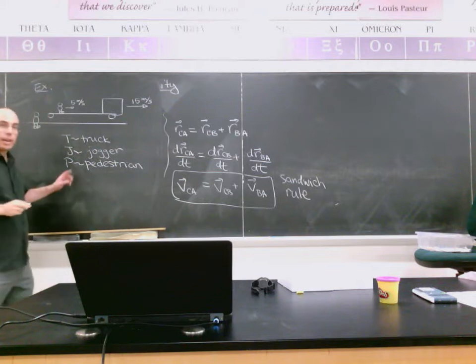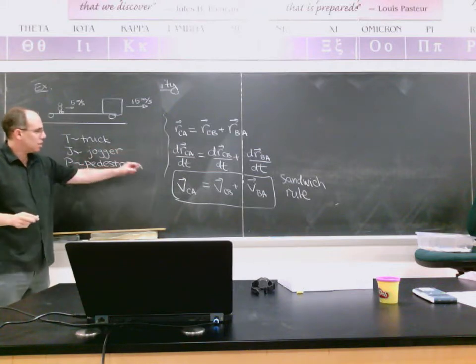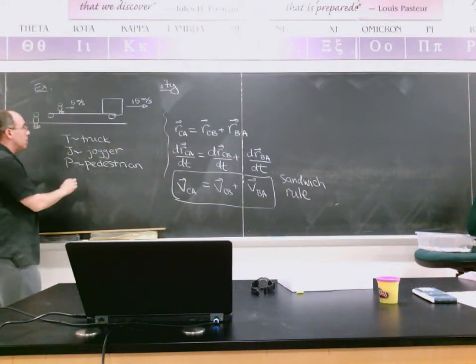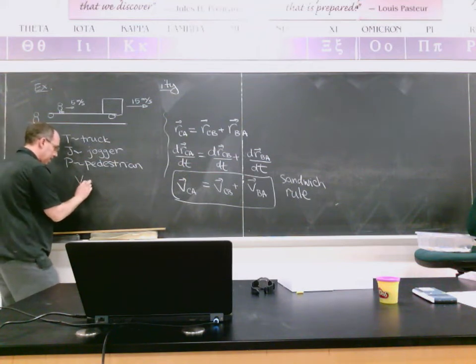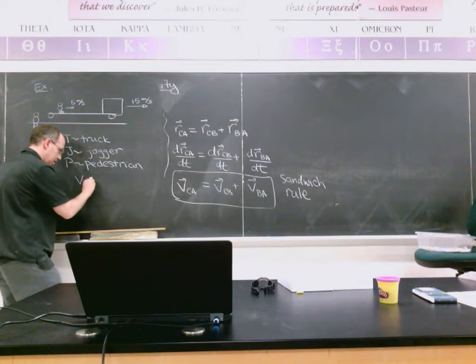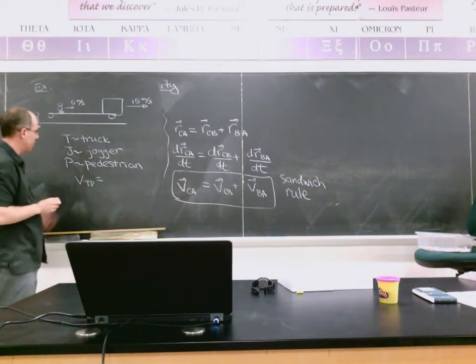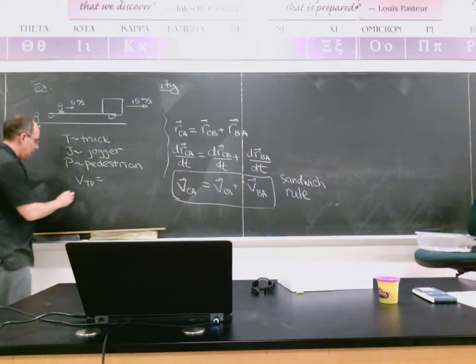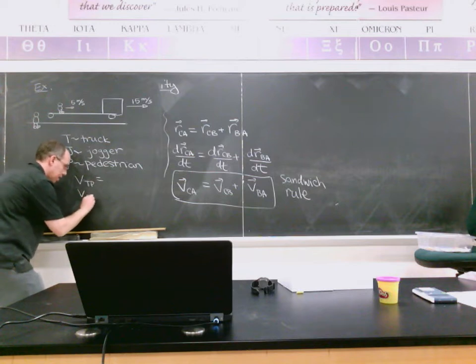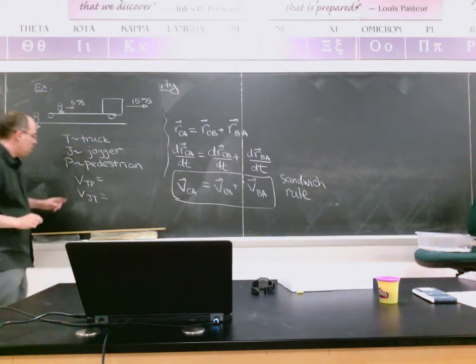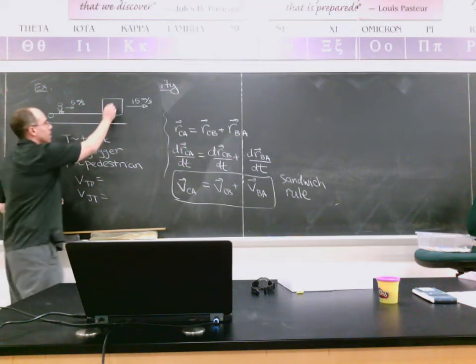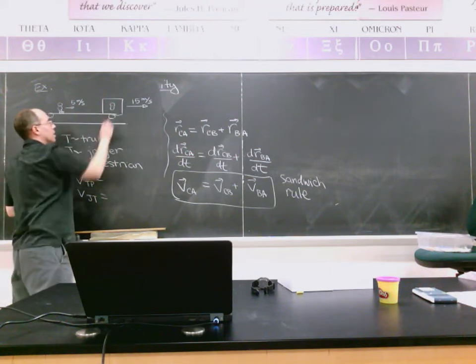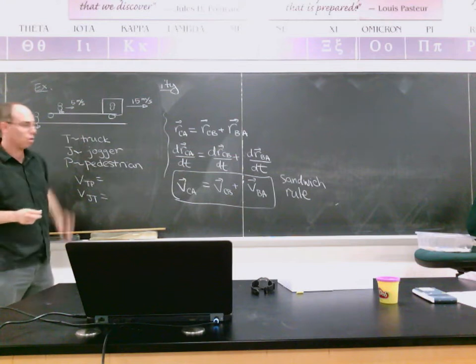So as a quick exercise, using the sandwich rule, see if you can work out the velocity of the truck as seen by the pedestrian. The velocity of the jogger as seen by the truck, or perhaps the velocity of the jogger as seen by the truck driver, who's sitting here and sees the jogger coming towards him.